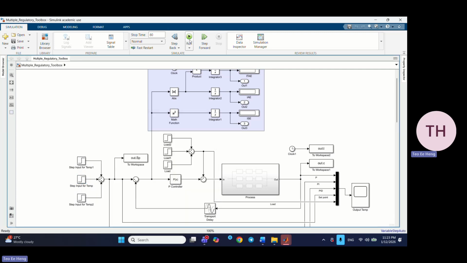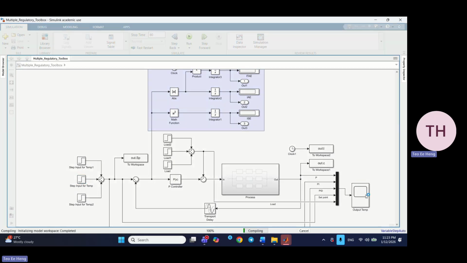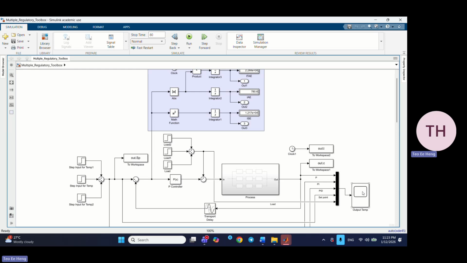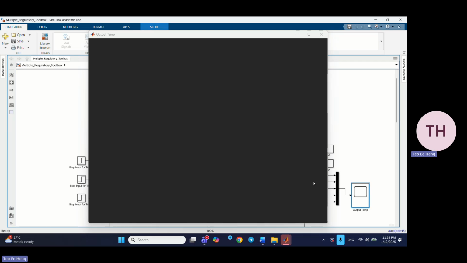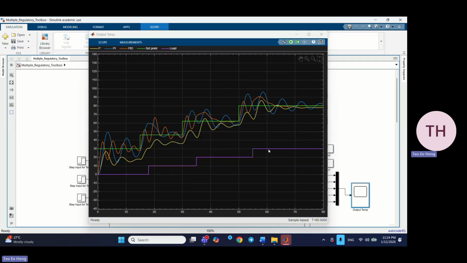Then we run the Simulink, and we can get a response curve for the regulatory control with the multiple set points and the disturbance. So we get the response curve like this.